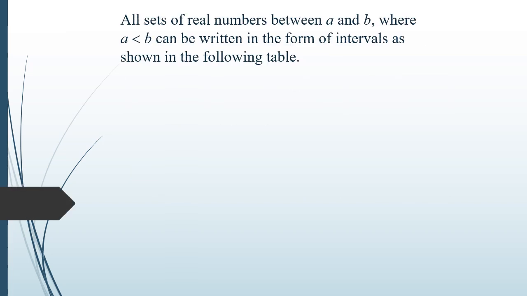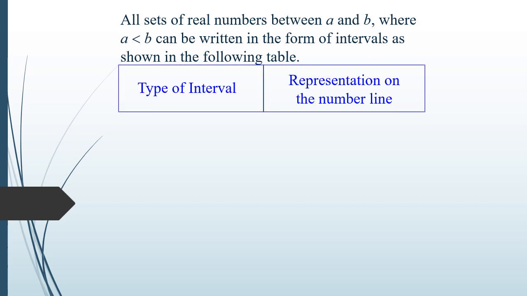So all sets of real numbers between A and B where A is less than B can be written in the form of an interval as shown in the following table. So there are several types of interval. Closed interval. How to represent a closed interval? Yeah, we represent it in the form of square brackets.